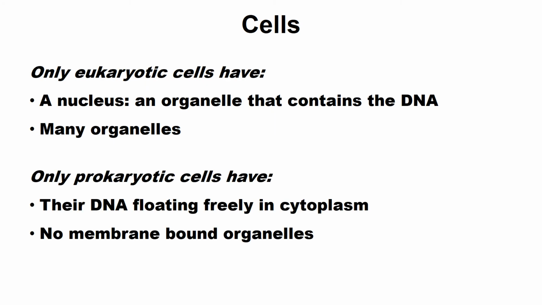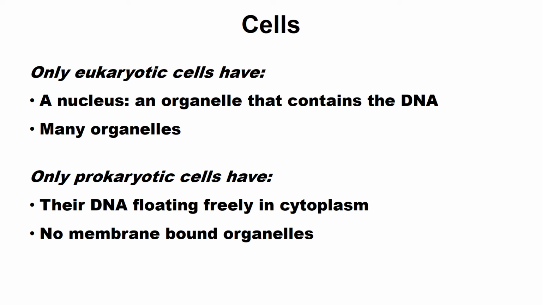All right, so now let's talk about some of the differences. In the case of eukaryotic cells, they have a nucleus, and within the nucleus, you find the DNA. The second thing is that eukaryotic cells have many membrane-bound organelles. This is in contrast to prokaryotic cells.